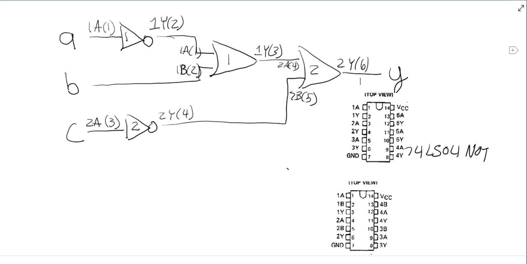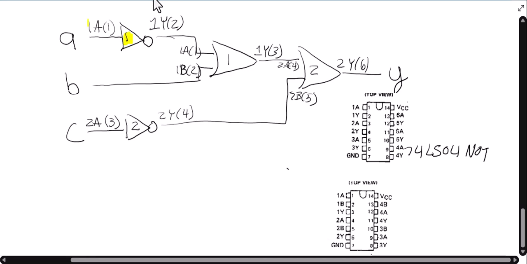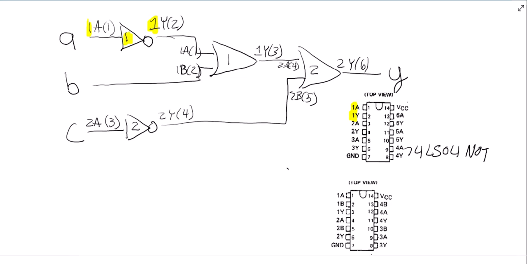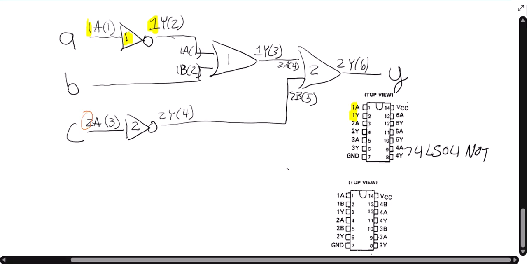So the numbers on the gates themselves, like this one, are the same as the numbers here. And then my other NOT gate, which is 2, means it's using these.